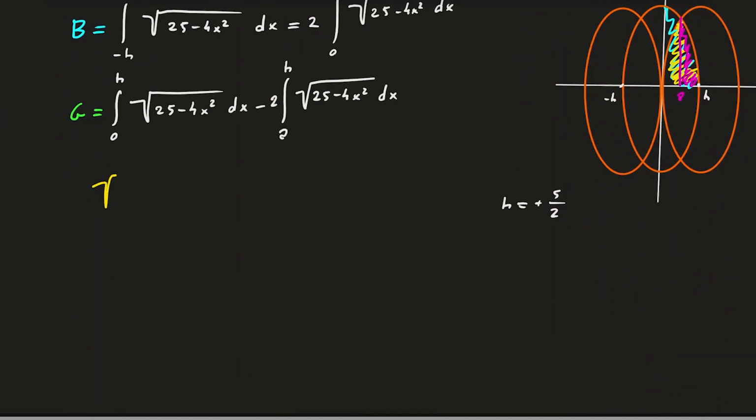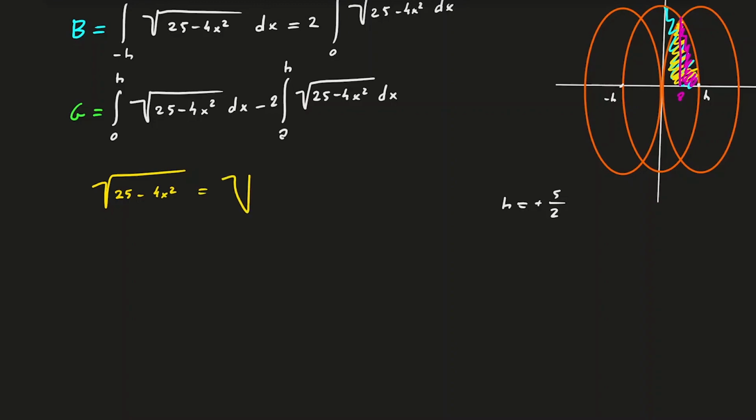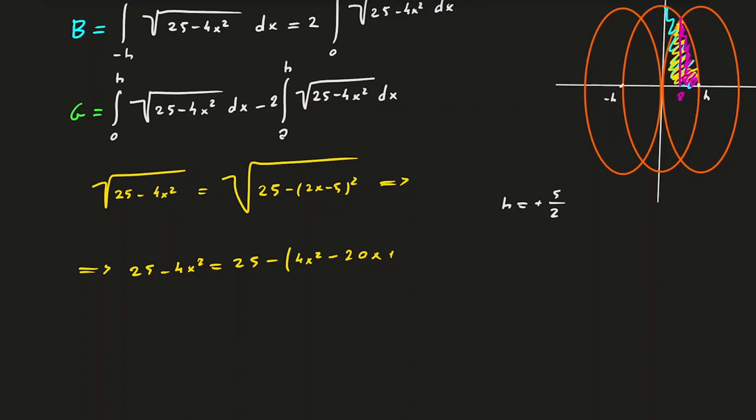In other words, we have to find x such that the square root of 25 minus 4x squared equals the square root of 25 minus (2x minus 5) squared. We can square both sides, so 25 minus 4x squared equals 25 minus (4x squared minus 20x plus 25), which is 25 minus 4x squared plus 20x minus 25.